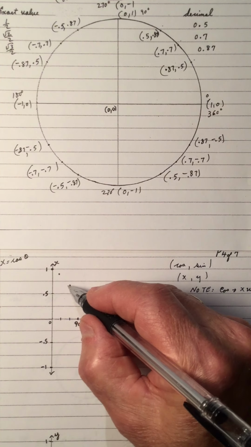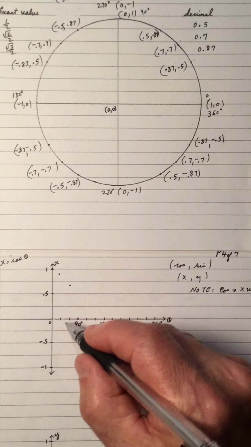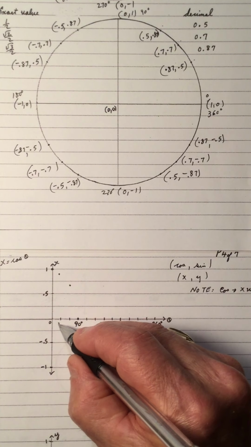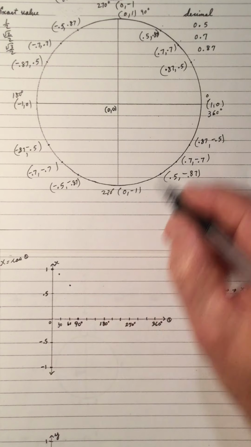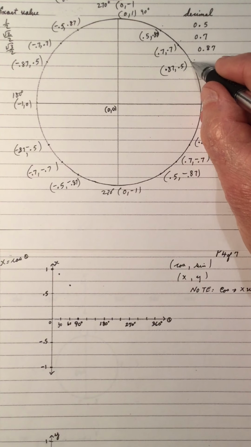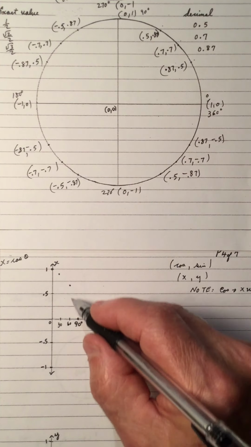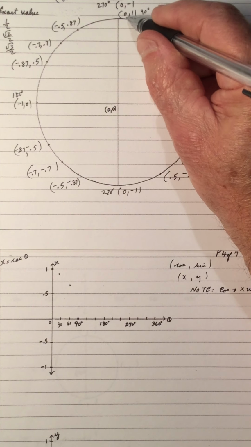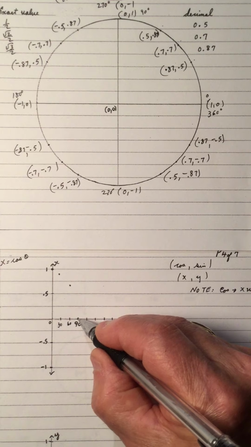Oh, I forgot the 45. I just got the 30 and the 60. This is 0. This is 30, and this is 60. I don't have the 45 in here. And the 90 is x is 0.